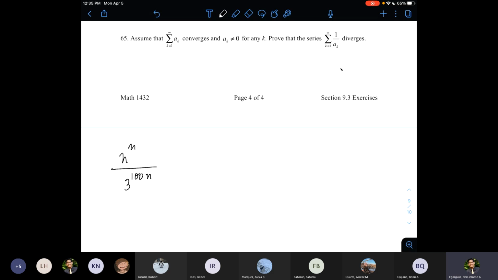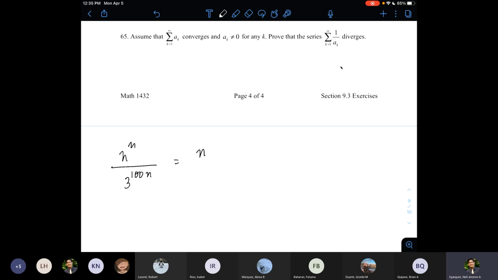For instance, here I can treat this as n to the power n over 3 to the 100 to the power n. And so I can simplify this as n over 3 to the 100, to the power n, right?